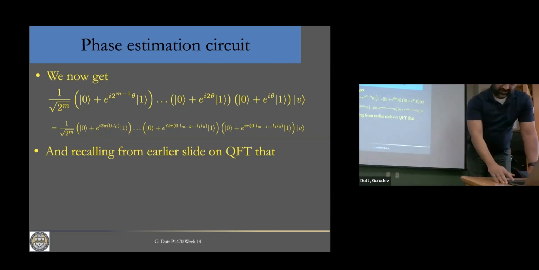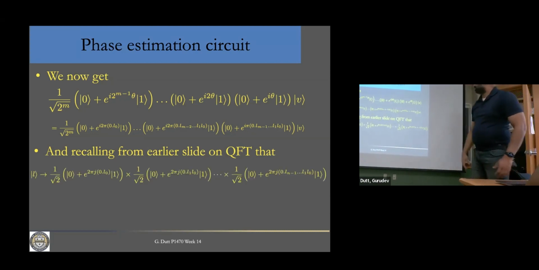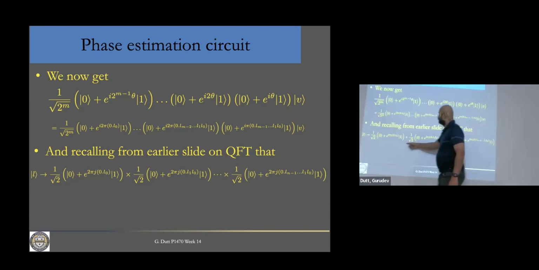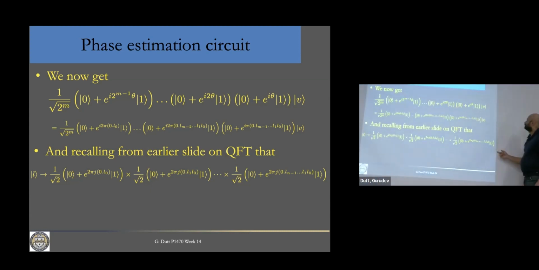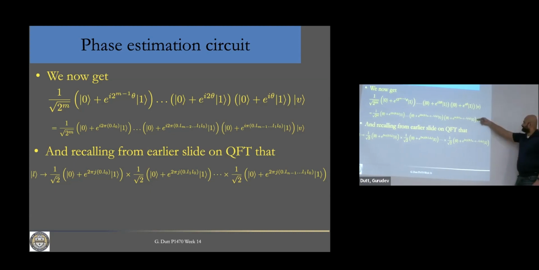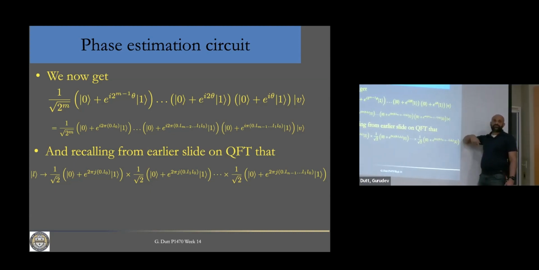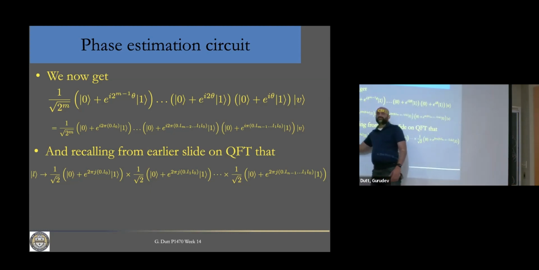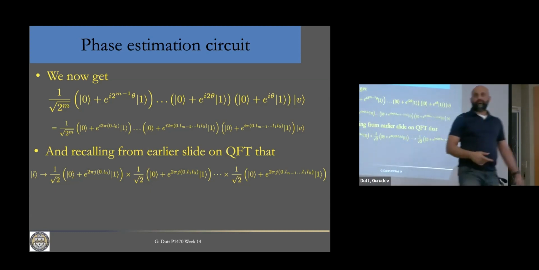And in our very first slide, we showed that the QFT, the quantum Fourier transform, creates exactly this superposition, the exact same. So if I take this input state and apply the inverse quantum Fourier transform, I will get the state L, where L is all the bits in this bit string.